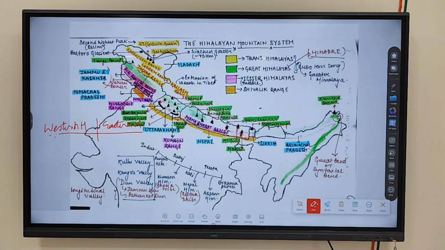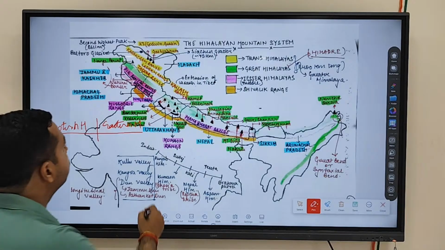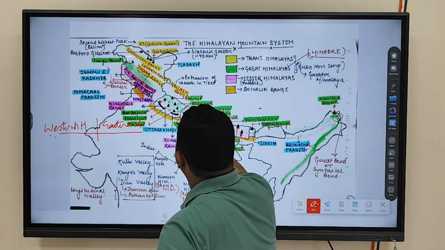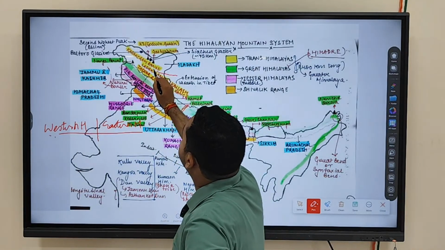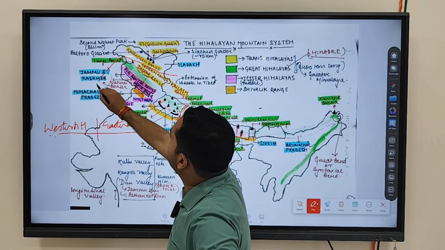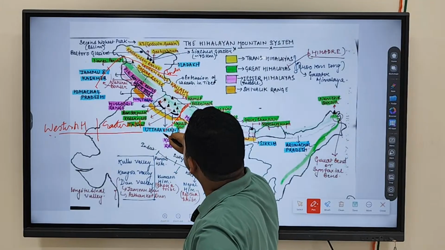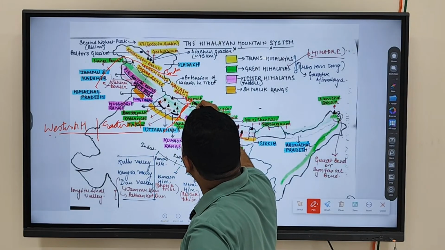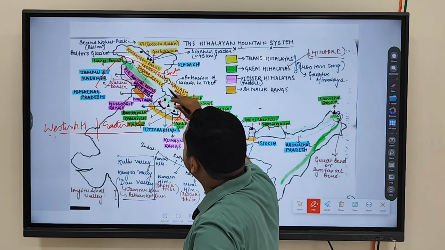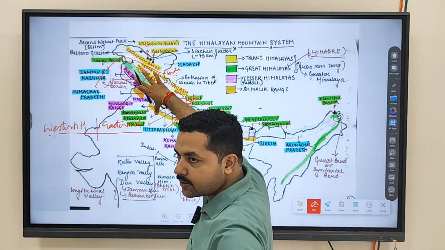Fine. So up to this range, this is how the Indus river is flowing. And this is how you will see Kali river is flowing. So from Indus river to Kali river, it is referred as which type of Himalayas?